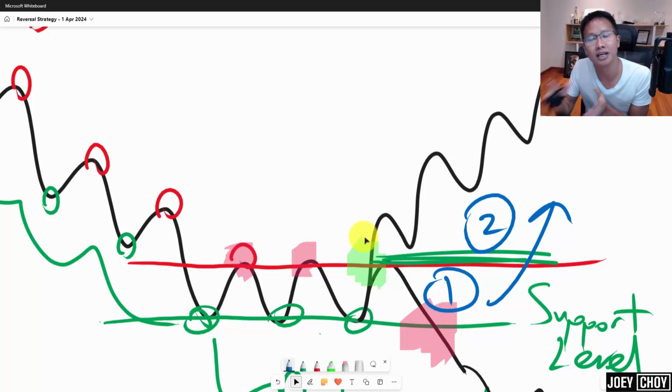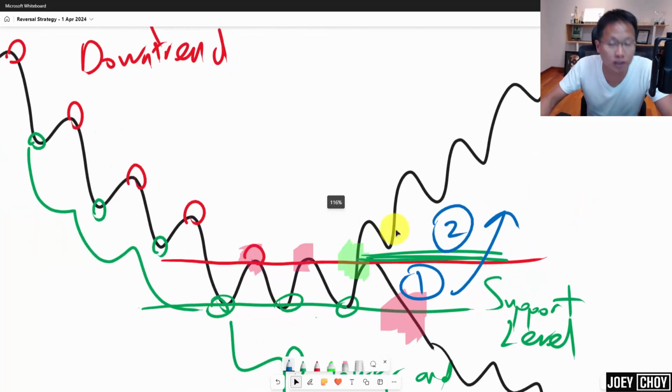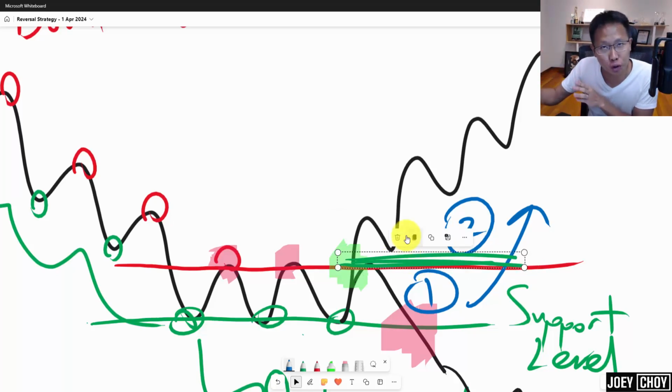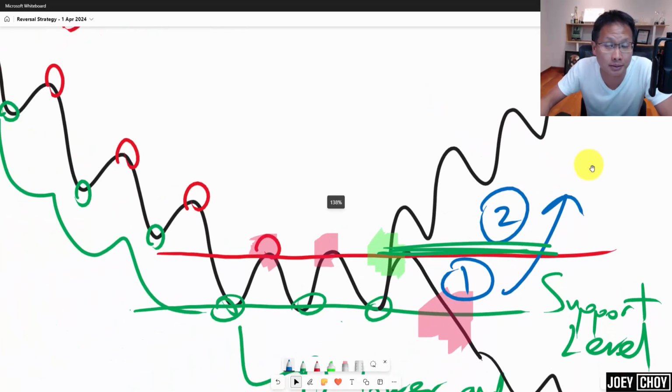So that's the first thing to look for, in terms of just looking at the prices itself. After breaking this resistance level, we want to see prices holding above this new support level right over here. As long as you stay above this new support level, there is a potential for the uptrend to eventually form up. So how do we know if an uptrend has formed up? Well, as I mentioned, we want to look at the prices in terms of the lows.